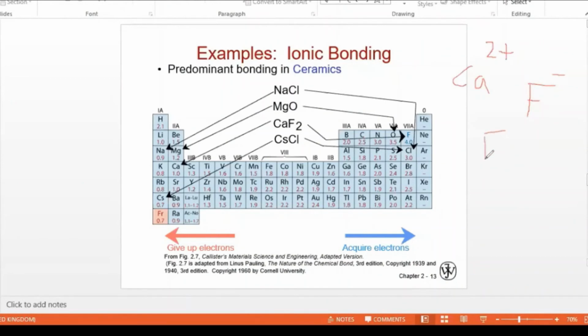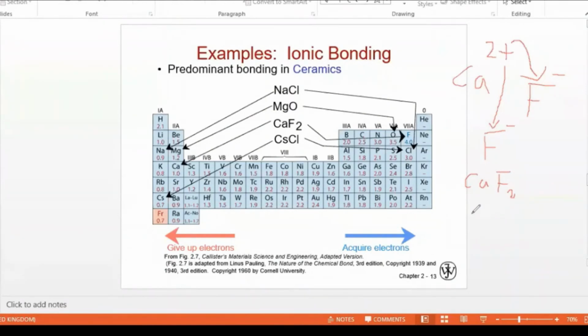It will call another F, right? Now these 2 fluorine will gain the electrons. 1 electron will be given to this F, and 1 electron to this F, right? So here we have 1 calcium and 2 fluorine. So we will write it as CaF2, right? 1 calcium and 2 fluorine.